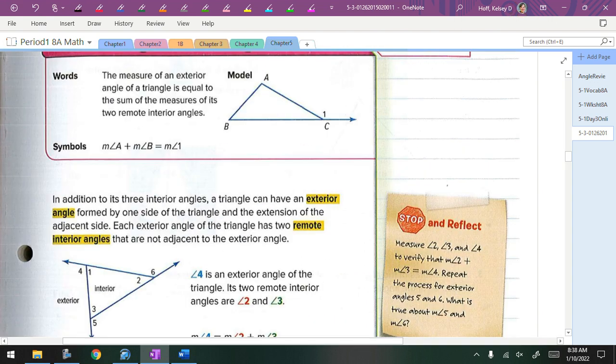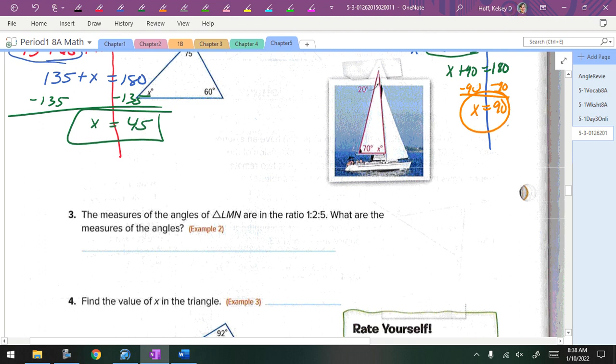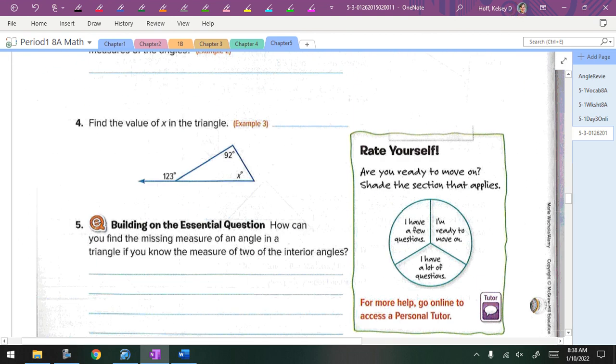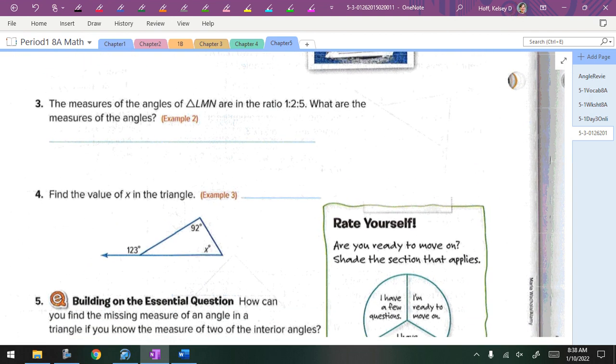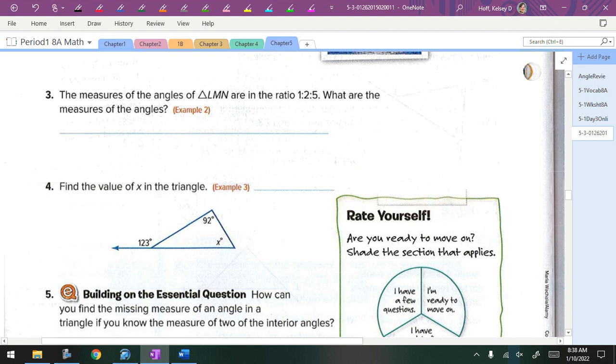Let's go back to where we were, page 392, guided practice number 3. The measures of the angles of triangle LMN are in the ratio 1 to 2 to 5. What are the measures of the angles?